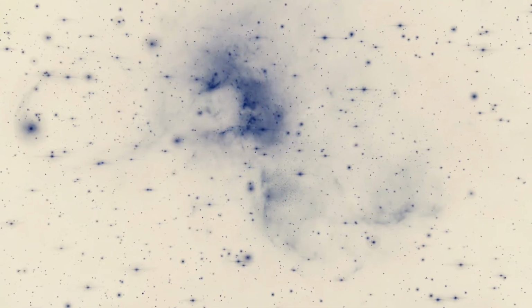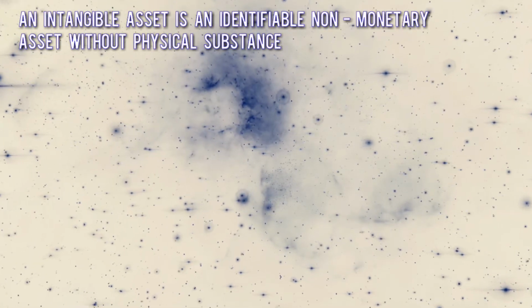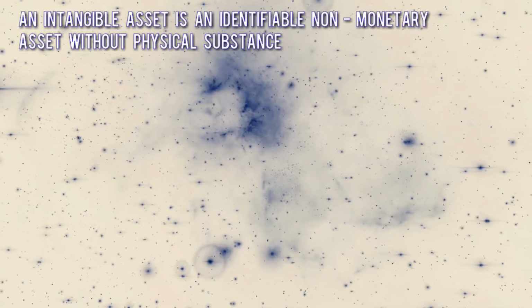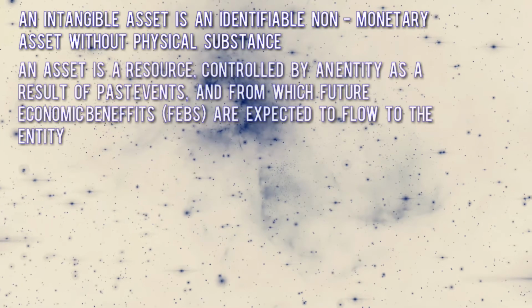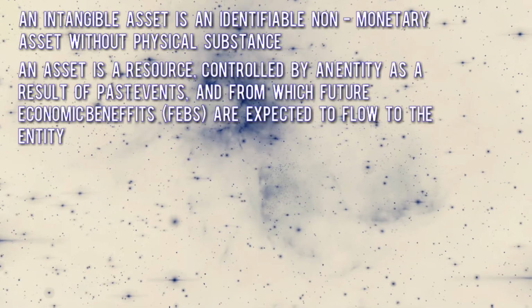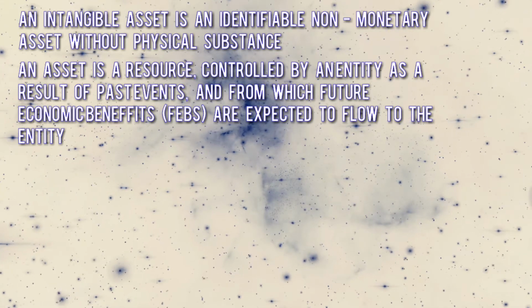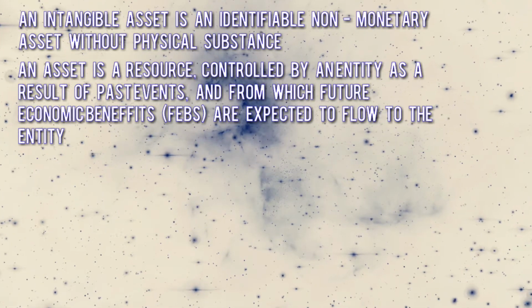Now let's look at the definition of intangible assets. An intangible asset is an identifiable non-monetary asset without physical substance. So in this definition, what is an asset? An asset is a resource controlled by an entity as a result of past events and from which future economic benefits are expected to flow to the entity.